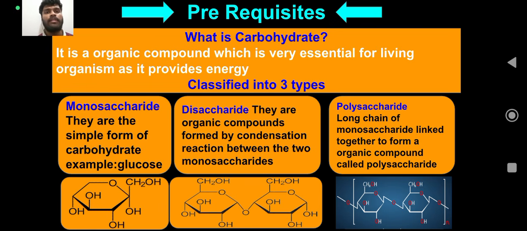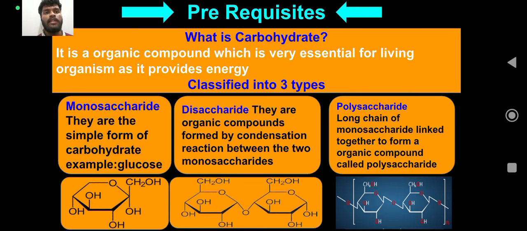Let us see its second classification, disaccharide. A disaccharide is an organic compound that is formed by condensation reaction between two monosaccharides. The condensation reaction is a reaction where one molecule of water is eliminated, and here two monosaccharides combine to form one molecule of disaccharide, with the elimination of one molecule of water.